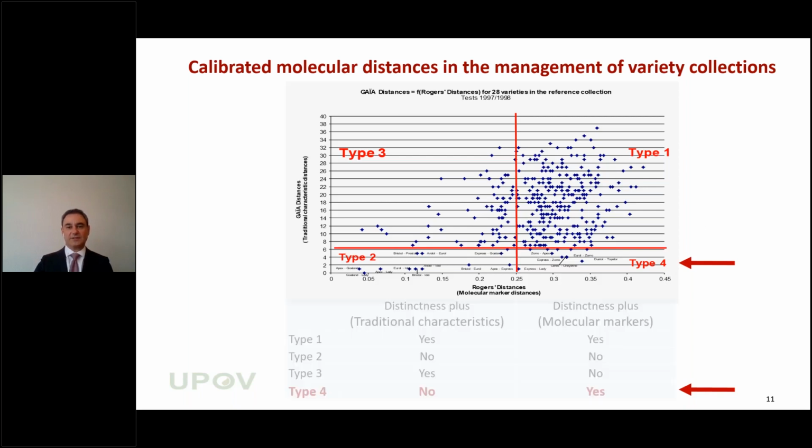The problem with this non-linear correlation is that once the arbitrary threshold values are set and displayed, if you look at the chart in the type 4 situation, you have a distinctness assessed via molecular markers, but this distinctness cannot be observed in a field trial, thus creating a situation where different UPOV members could reach different conclusions when using different methodologies, which is considered detrimental to harmonization.